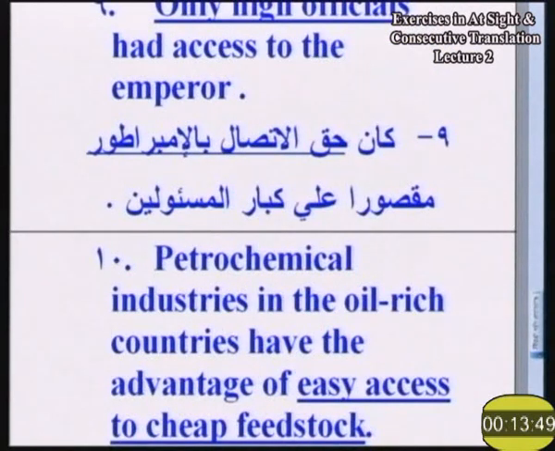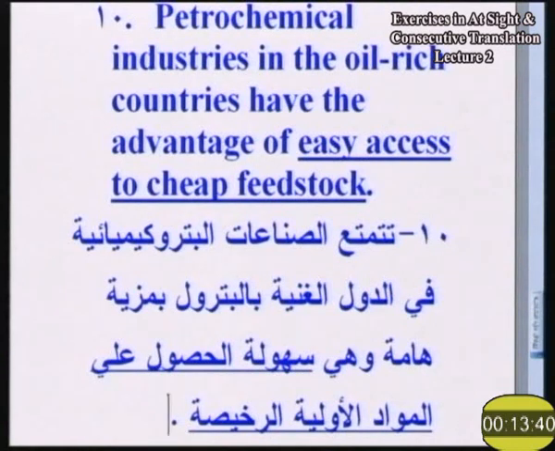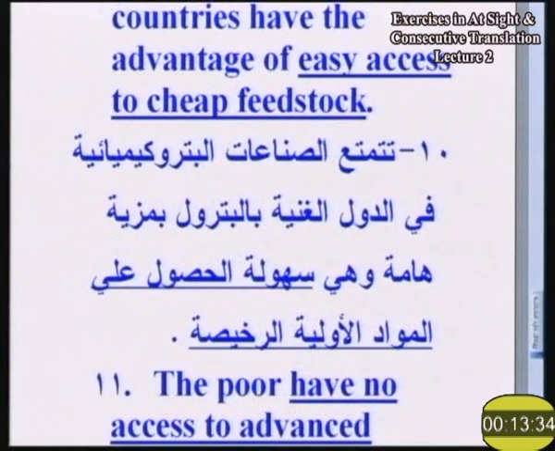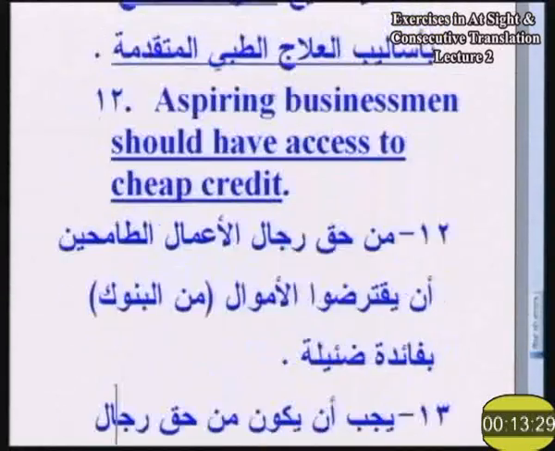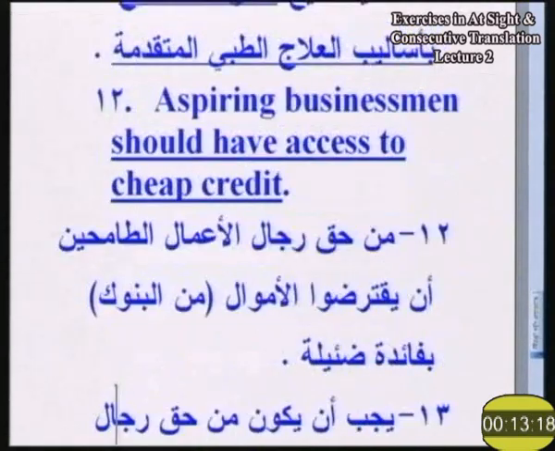Sentence number 10, petrochemical industries, okay, to have easy access to cheap stock, that is سهولة الحصول على, again to be able to reach, to have, to be given the chance to have. And in sentence number 11, to have access to medical treatment, that is benefiting from, making use of a service.